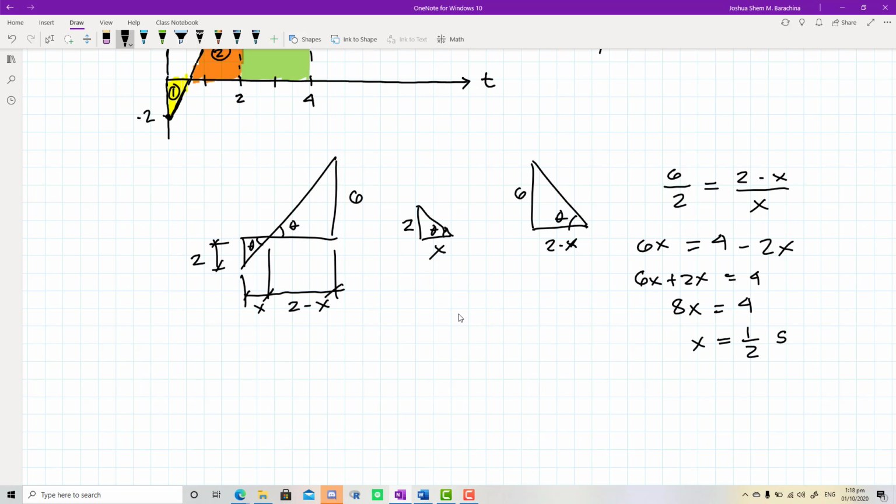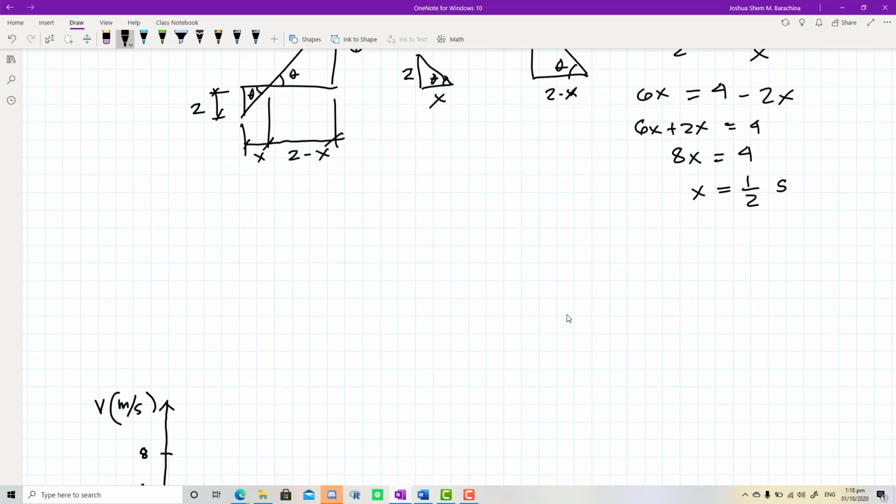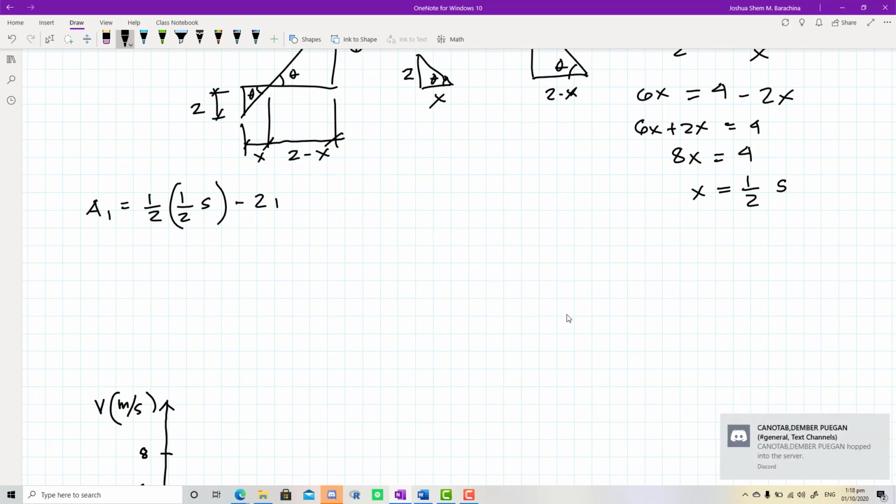So now that we know the value of x, this distance, we can solve for the area of 1 or area sub 1. Area sub 1 is just equal to 1/2 base times height. Your base is 1/2 seconds. And the height is negative 2 meter per second.